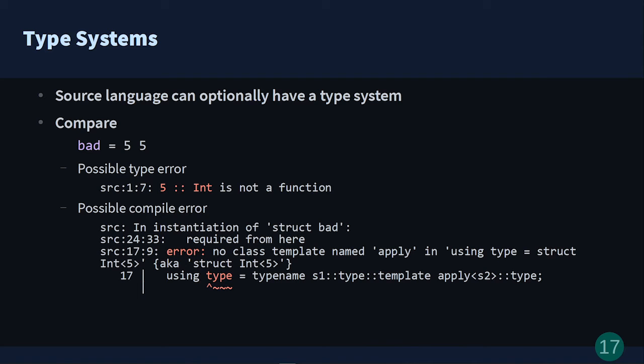However, in a lot of cases, the error message is going to be less helpful. In particular, these error messages have the tendency to point to symptoms rather than the causes. If the source language goes through a type checker first, you might get an error message such as "5 of type int is not a function," which is clearer and more readable and can help pinpoint the issue much better.